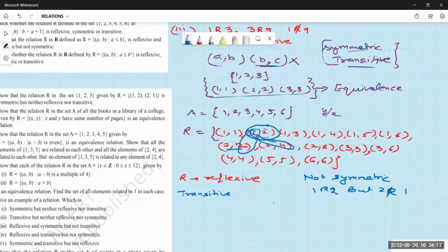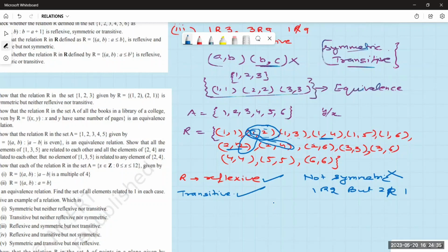Yes, it's there. (1, 2), (2, 6): isn't (1, 6) there? Check any number: (1, 3), (3, 6): (1, 6) is there. So it is transitive. It is reflexive, it is transitive, but not symmetric.